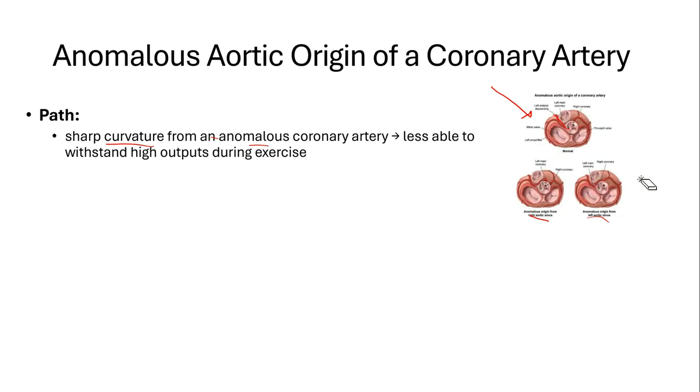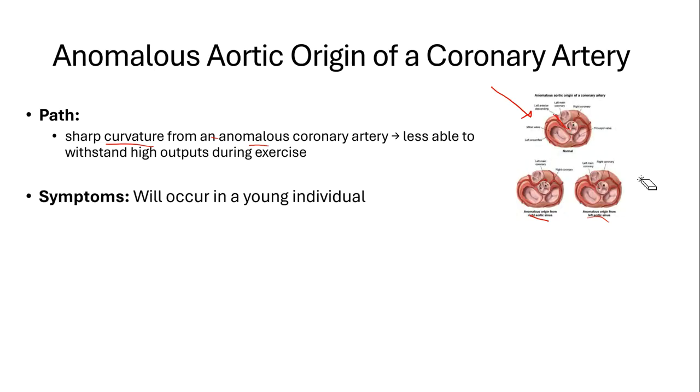Hopefully you guys can see that, but that sharp curvature cannot withstand high outputs. It blocks itself. This leads to all of the symptoms of this disease. AKA, this leads to an outflow obstruction, just like HOCM does.